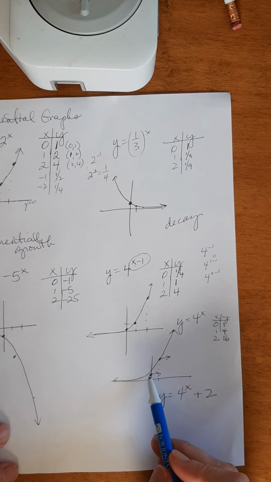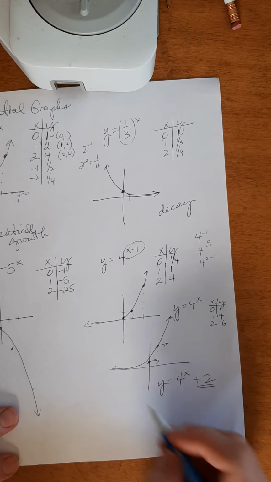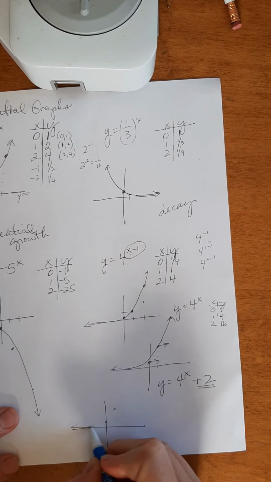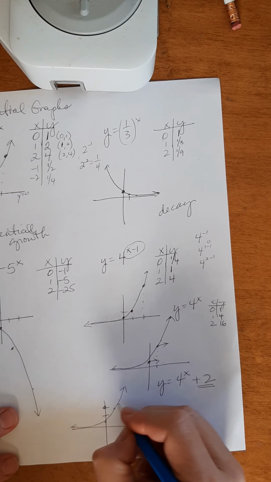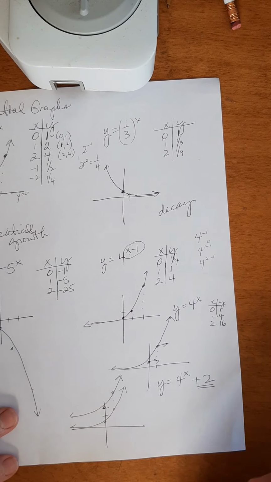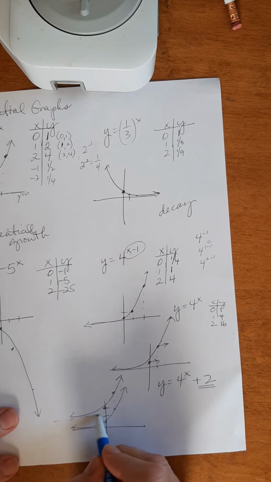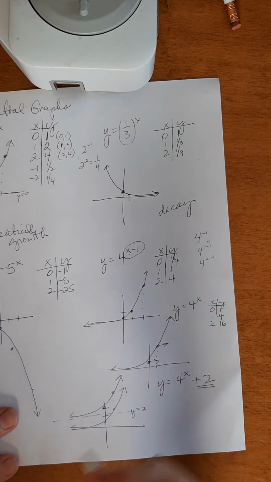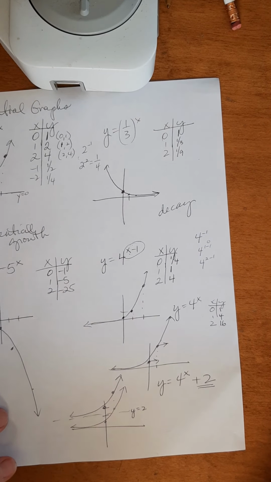You just do this graph and go up 2. Here's my original again. Notice how this time your asymptote is going to go up to y equals 2, whereas as long as you're shifting left and right, your asymptote's still at 0.